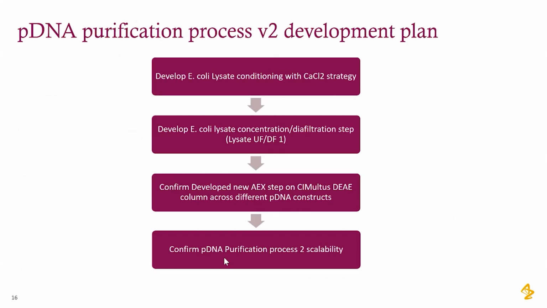Then we need to remove calcium chloride from our lysates, and for that we chose the lysate UFDF step, and we were developing this step. Then we have to confirm that the newly developed ion exchange step on simultaneous DNA column works across different sizes of pDNA constructs. And we have to confirm that the new process, version 2, is scalable.